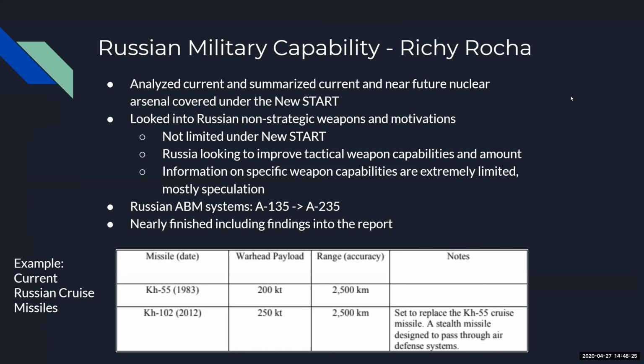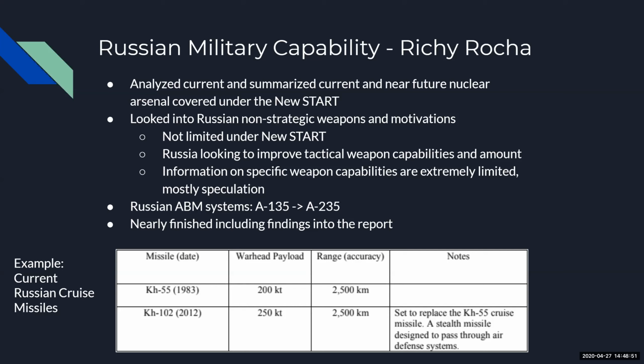Hello, I'm Richie. I analyzed the Russian military capabilities. So Russia began their modernization program in the 1990s. Unfortunately, or maybe fortunately, they were plagued by financial issues. So a lot of the technology that was being developed then is starting to pop up now in 2020 and going up until the 2030s.